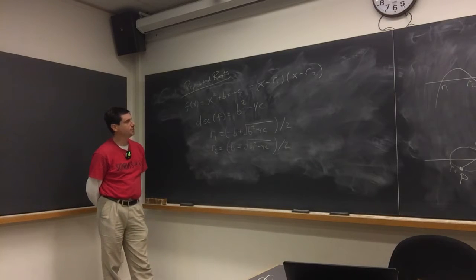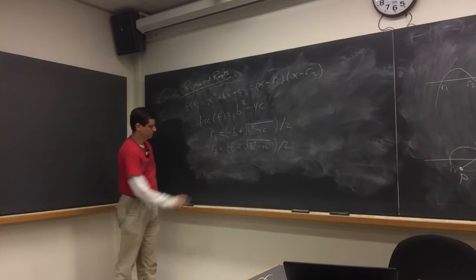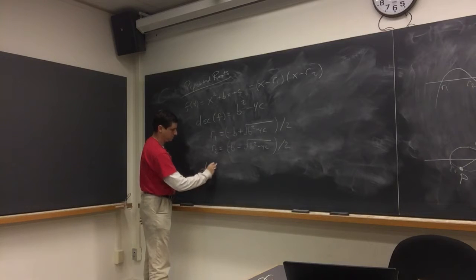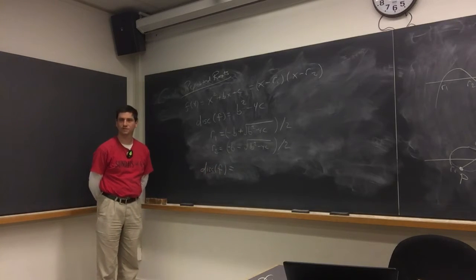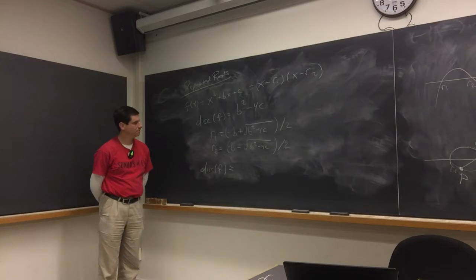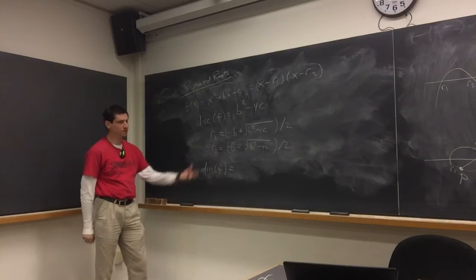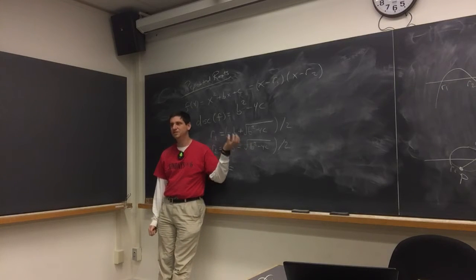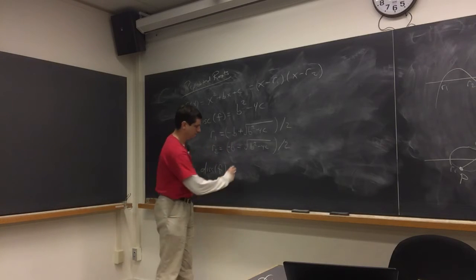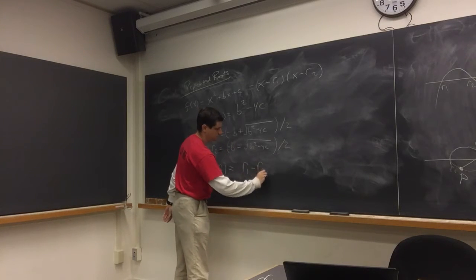How can I get the discriminant from this? Do you see any connection between the discriminant and the roots? It's the part underneath the radical, but that's a tough thing to isolate. Is there a nice expression involving r1 and r2? It's r1 minus r2, squared.